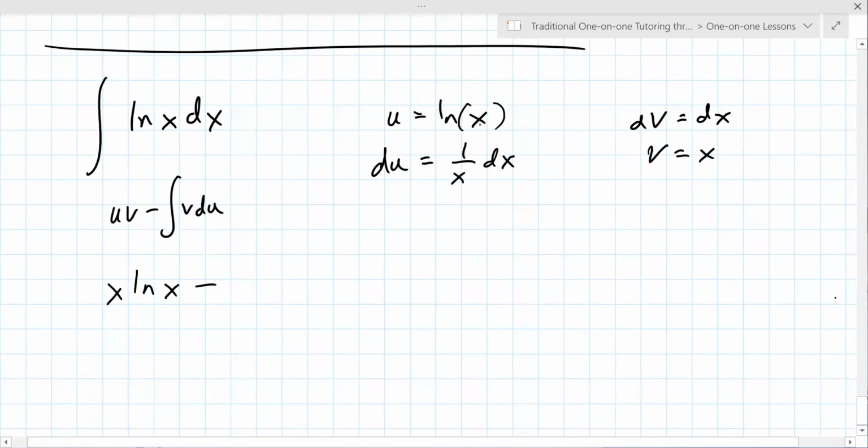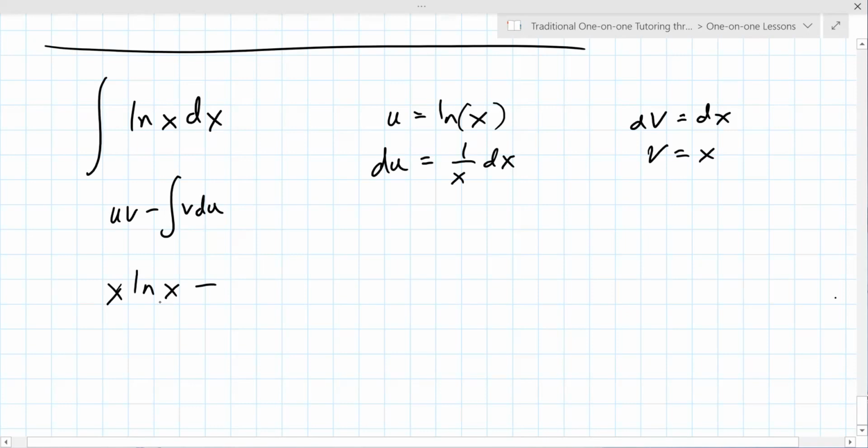You can't multiply what's inside, because u is natural log of x and v is x. If you put x beside x, you might think it's natural log of x squared, which is not right.